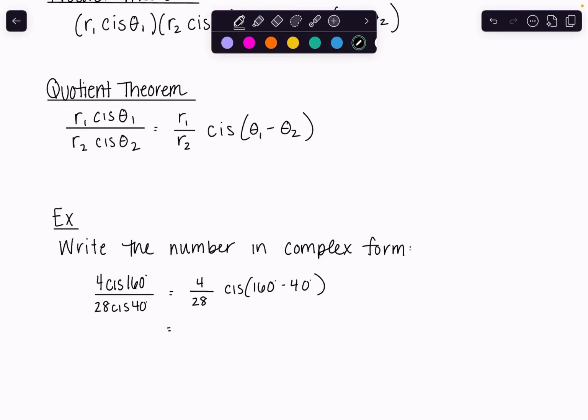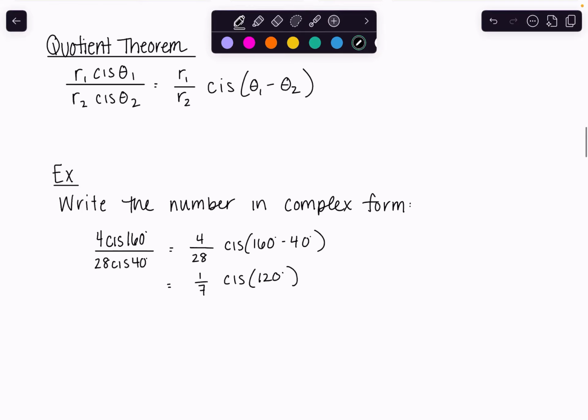They're both divisible by 4, so that leaves us with 1 over 7. And then 160 minus 40 leaves us with 120. So this is equal to 1 over 7, and then we get cosine of 120 degrees plus 1 over 7 i sine of 120 degrees.